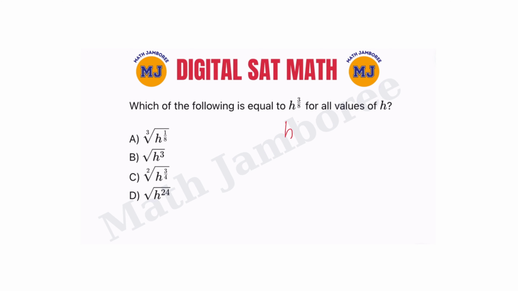So h to the power of 3 over 8. The 3 is on top, so it stays as the numerator, and this 8 goes into the root degree. So this is the answer for it, but we don't see this answer in the choices.